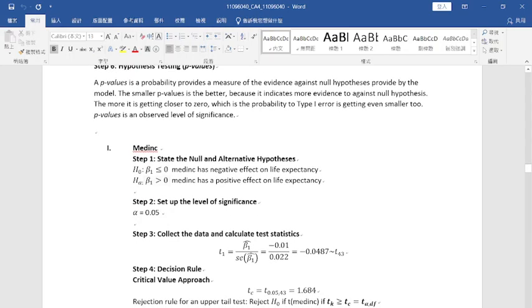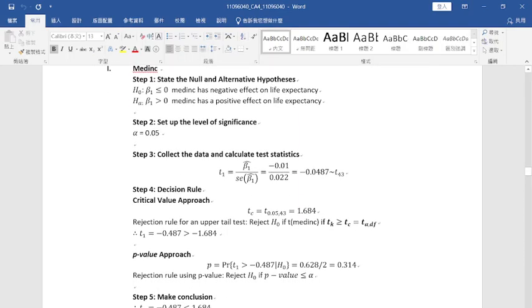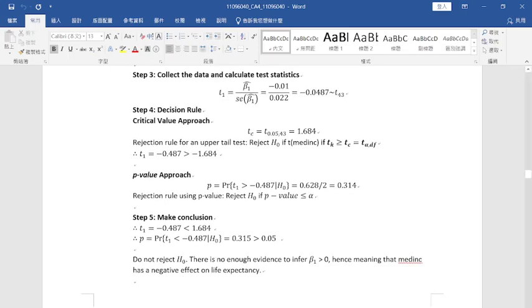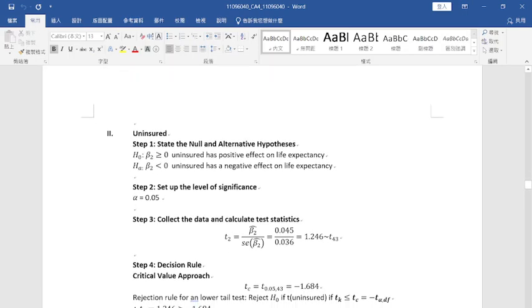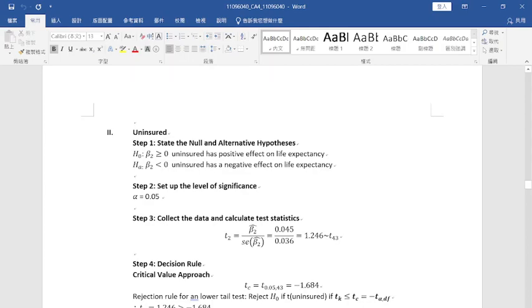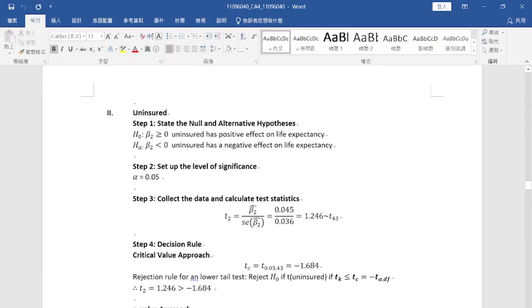For the median income, we state that it has a positive relationship. The conclusion is do not reject the null hypothesis because there is not enough evidence to infer beta 1 greater than 0.